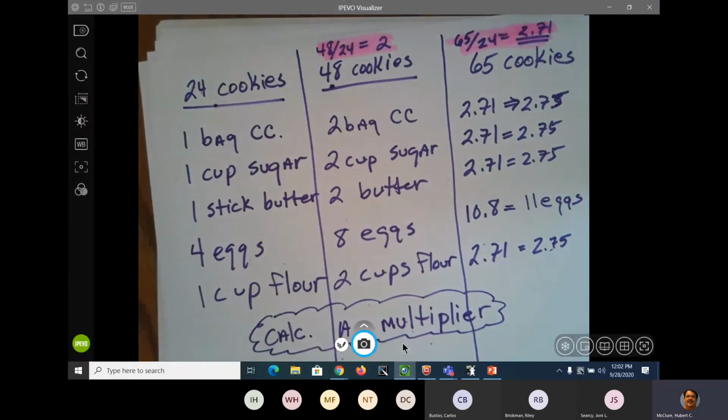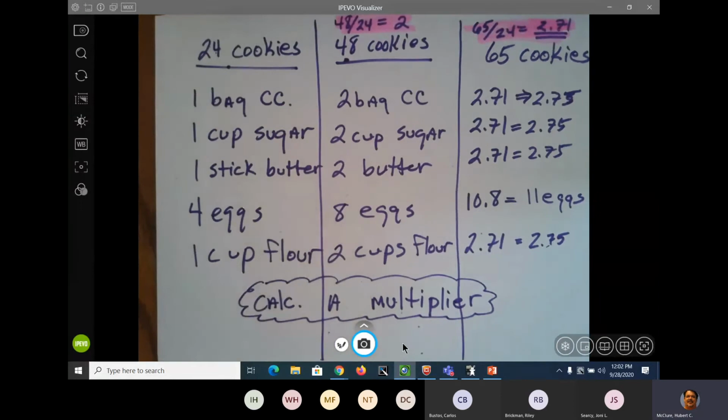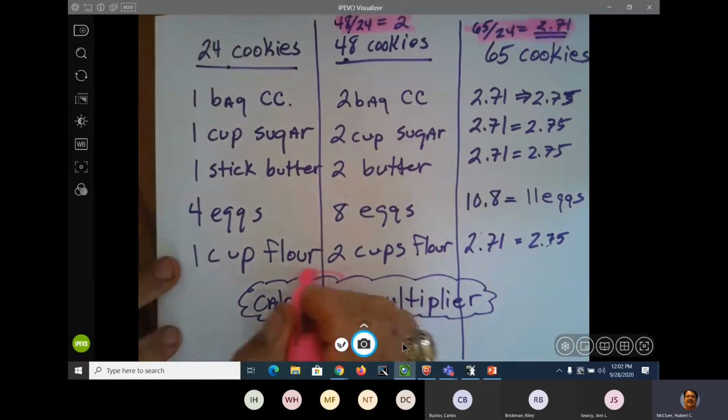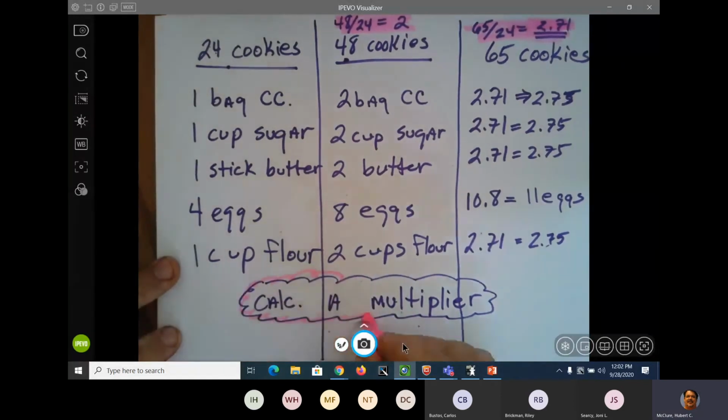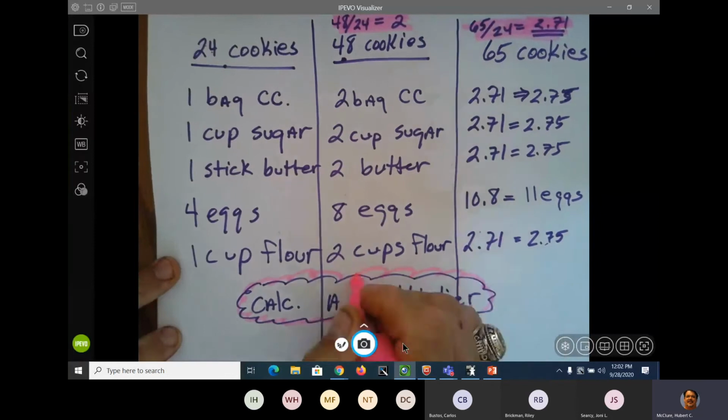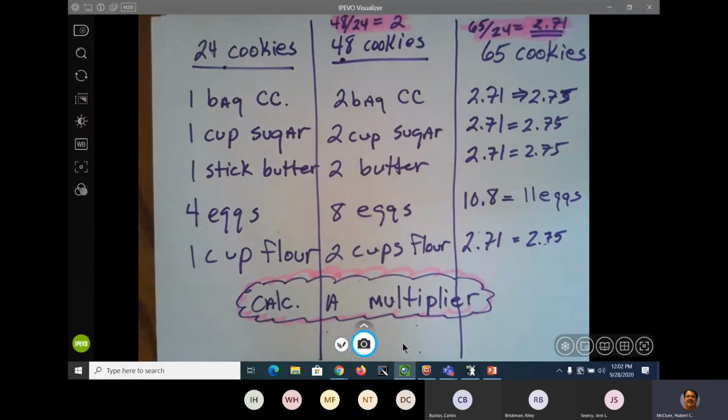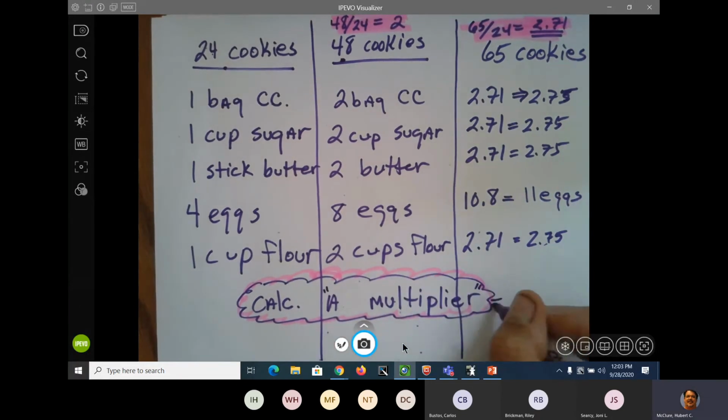It increases your ingredients. I calculated a multiplier when I calculated the 2 and when I calculated the 2.71. Does anybody know what the word for a multiplier is? The word for a multiplier is a constant.